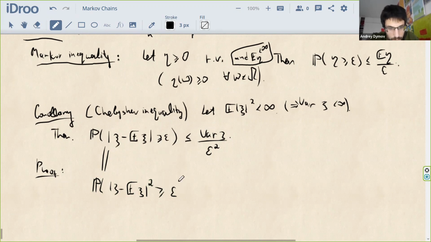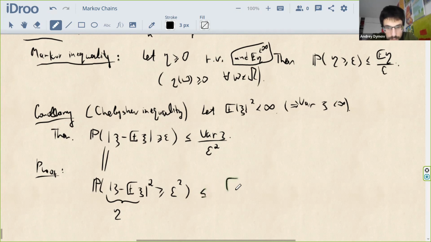You can take squares of both sides of this inequality, and then apply the Markov inequality to this random variable, which I call eta.